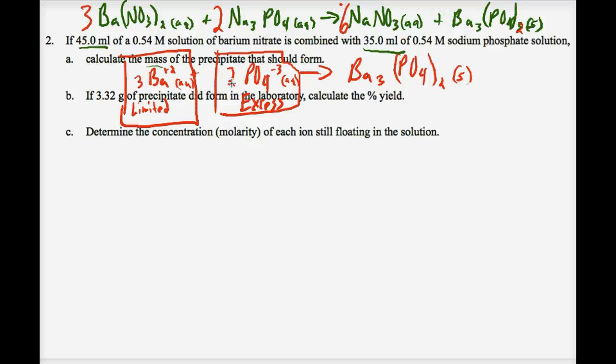Because we had excess sodium phosphate, we're going to have excess phosphate ion. To do this for the excess phosphate, we're going to have to do a little math. We're going to have to know how much we started with. That's the easy part. I could have amended what I just erased in order to put that up there. We have to know what we started with, and then we're going to have to subtract what we used.